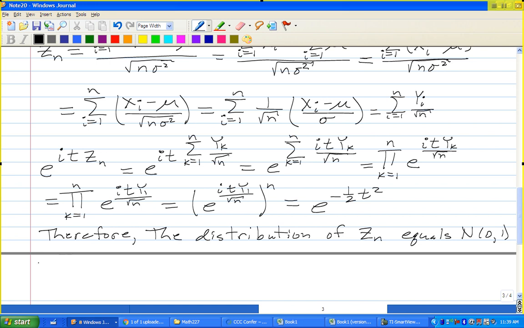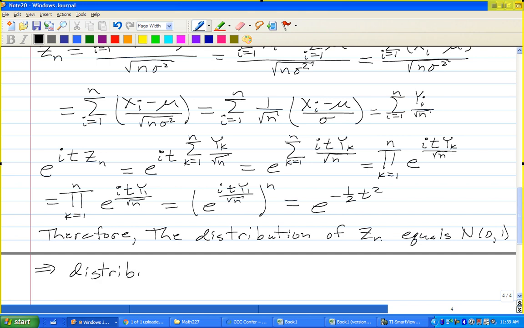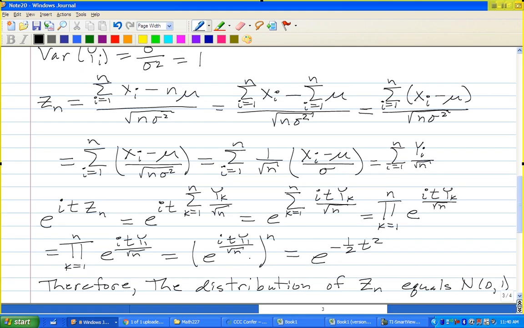And so the distribution of the sum of xi, by definition here, since this was normal, then this is going to be normal.